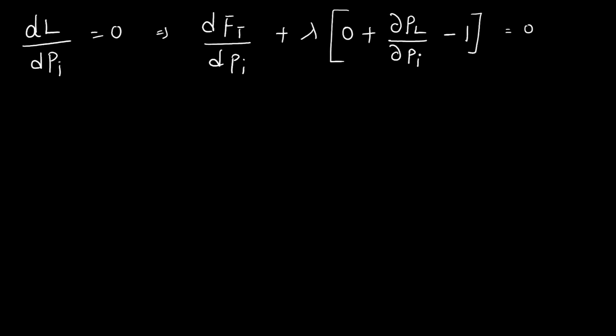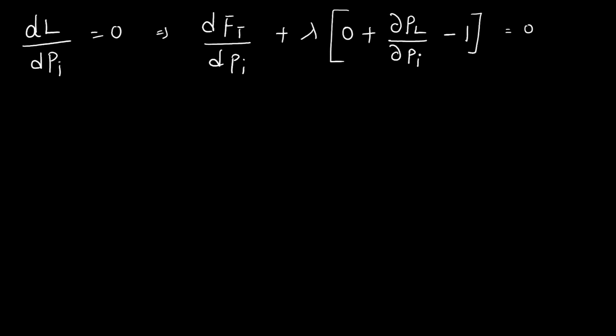Why? Because if you differentiate PD, it is a constant, so its differentiation is 0. And PL is a function of all powers, that is P1, P2, P3 and so on. Since you are only differentiating with respect to Pi, it is a partial differentiation, so you should write dou PL by dou Pi. Minus, in all generations, only Pi is a function of Pi, so you will get 1.